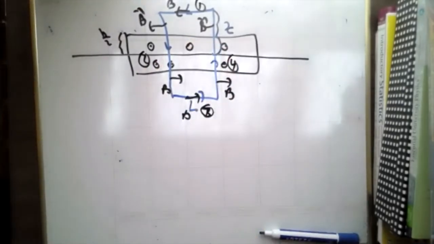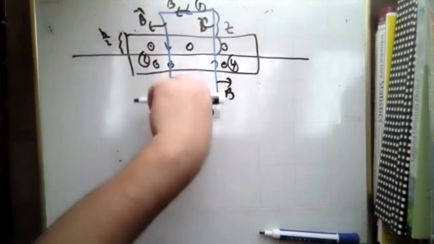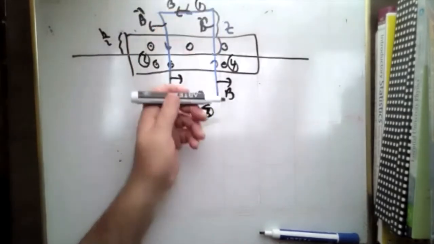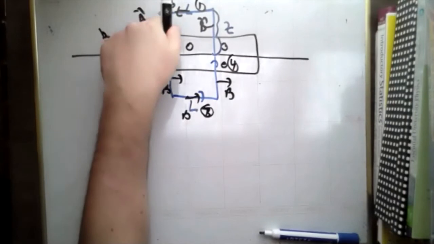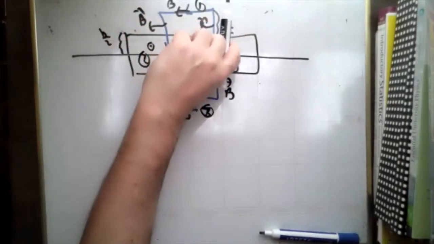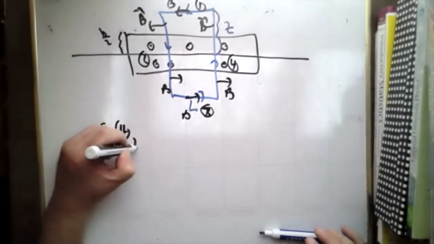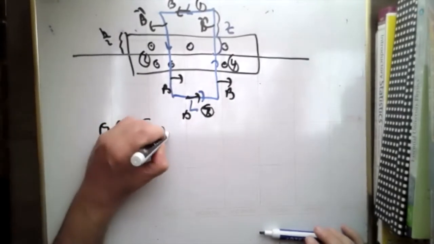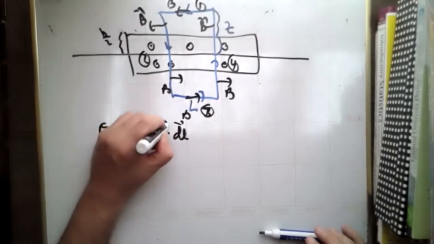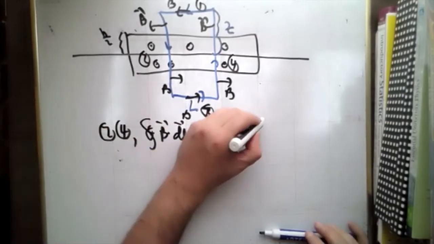And for literally the same reasons, up on top and on bottom, B and dl are parallel. On the sides, B and dl are perpendicular. So for 2 and 4, the integral of B dot dl equals 0.